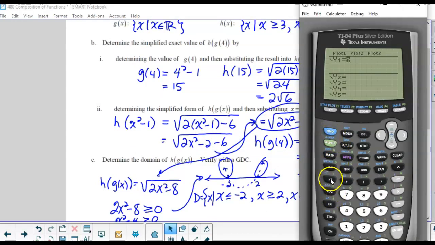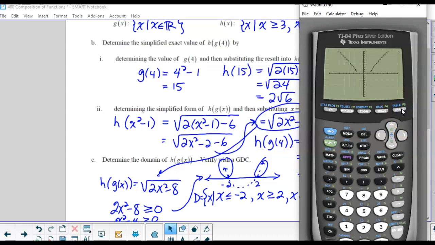Square root of 2 times the bracket x squared minus 1, close bracket, minus 6, and then get out of the square root, graph that, and you can see the domain.